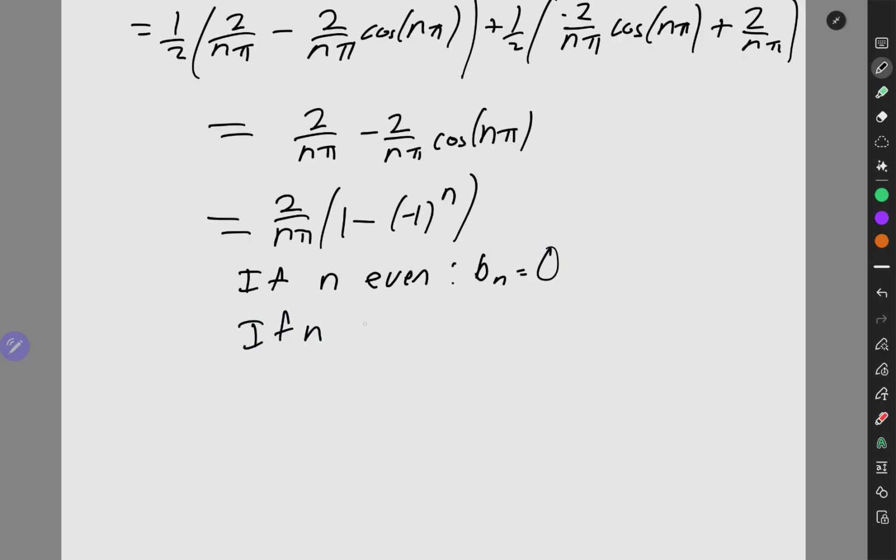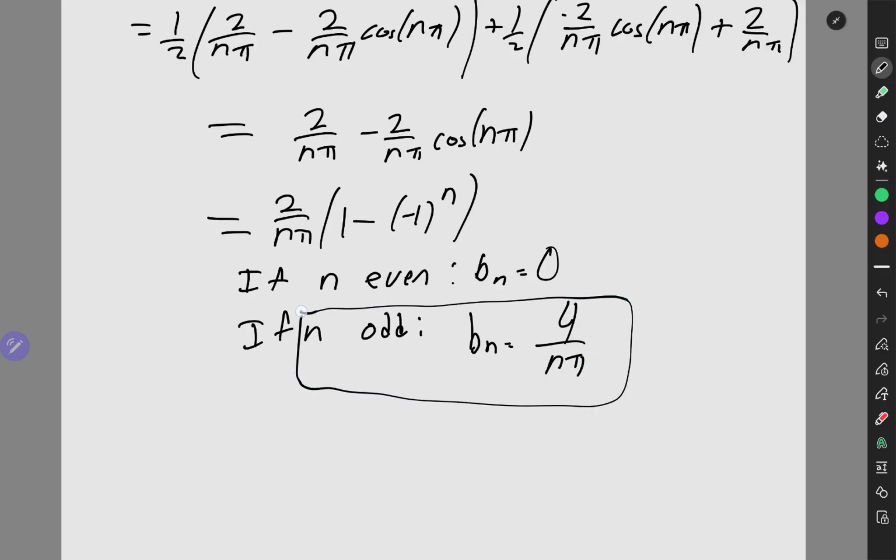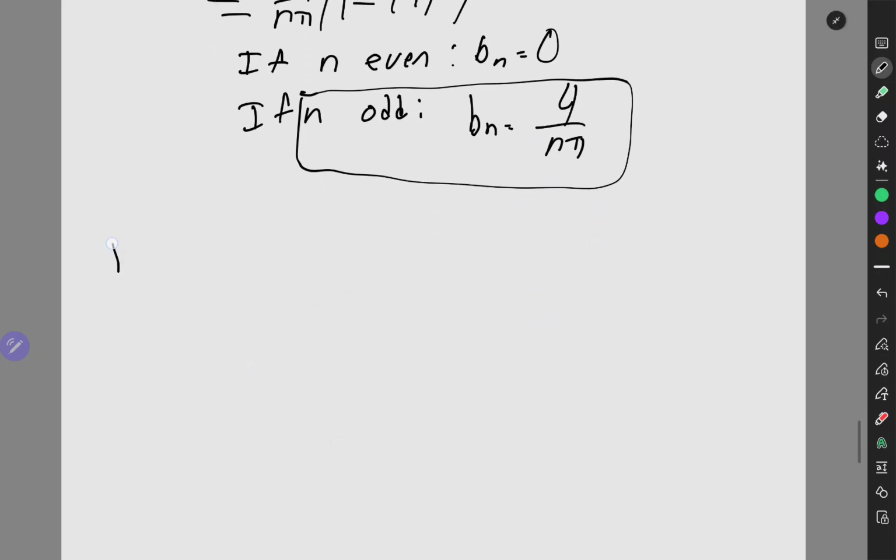If n is odd, that's 1 plus 1, so that's 4 over n pi. N odd, right? That's all we needed, right? Let's write out the solution. So for n odd, we had 4 over n pi.